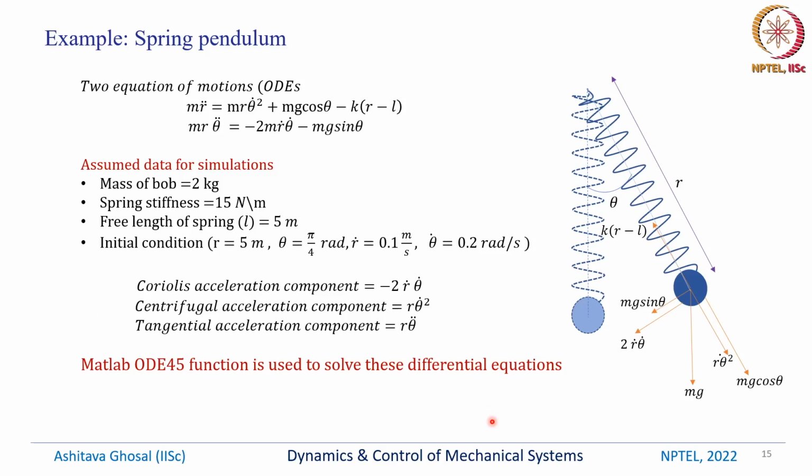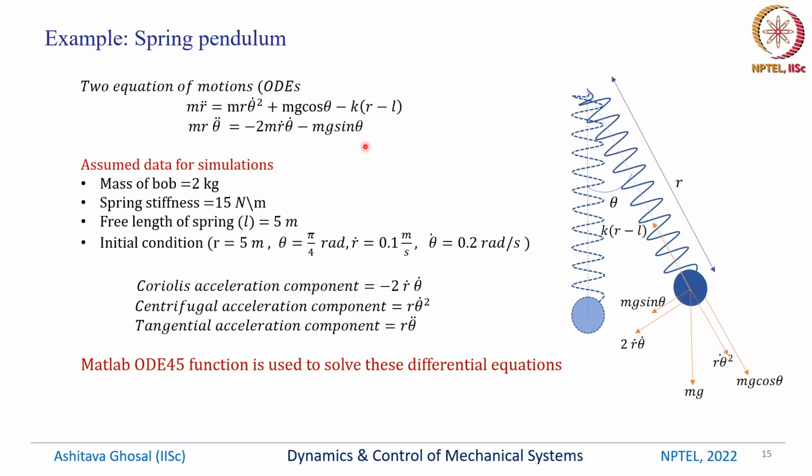Let's take some examples now. Another example that we have worked on earlier is called the spring pendulum. So basically we had a mass here which is mounted on a spring. The free length is L, and once the spring is compressed, we have a force which is k into r minus L, and there is gravity acting, with components mg sin theta and mg cos theta, and also we have this centripetal term and this Coriolis term.